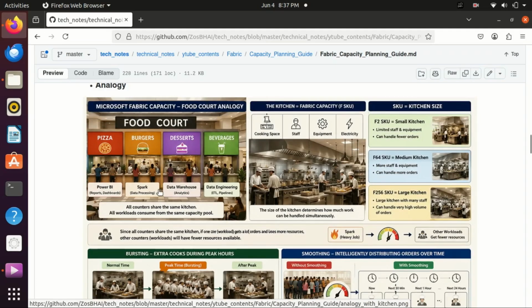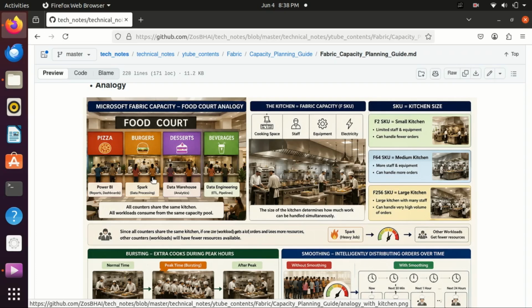Imagine a large food court inside a shopping mall. The kitchen infrastructure, like the cooking space, staff, electricity, and the equipment, represents the overall Fabric capacity. Now imagine different food counters such as pizza, burger, desserts, and beverages.